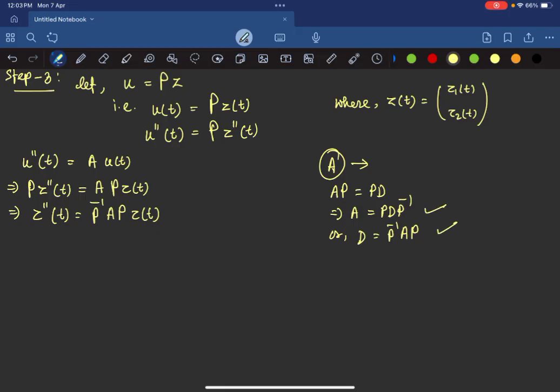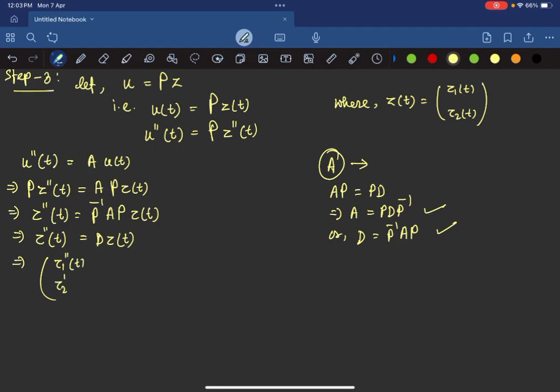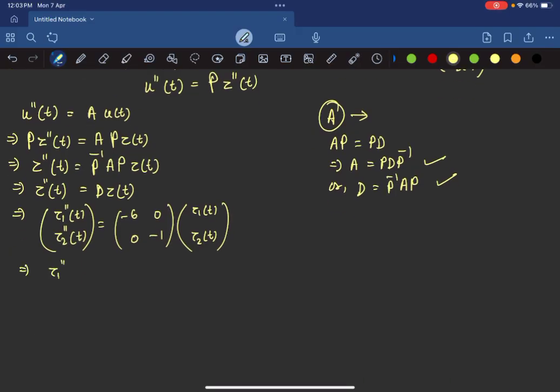Now P inverse A P is nothing but D, so z''(t) equals D z(t), and D is the diagonal matrix. So what we have exactly: z1''(t), z2''(t) equals [-6 0; 0 -1] times z1(t), z2(t). Now if you do the calculation, you will get z1''(t) equals minus 6 z1(t), and z2''(t) equals minus z2(t).